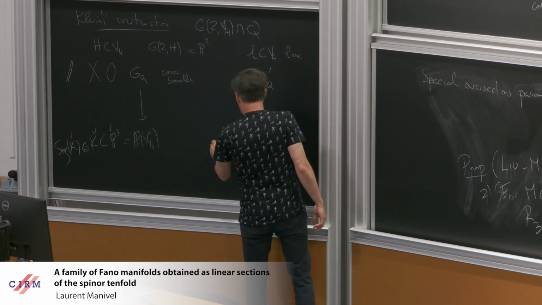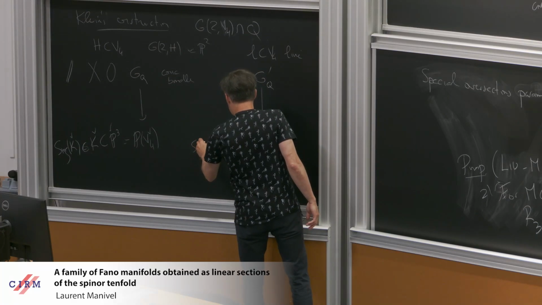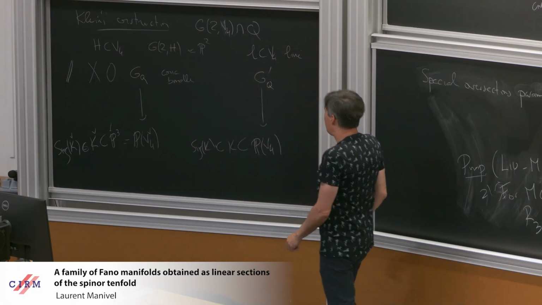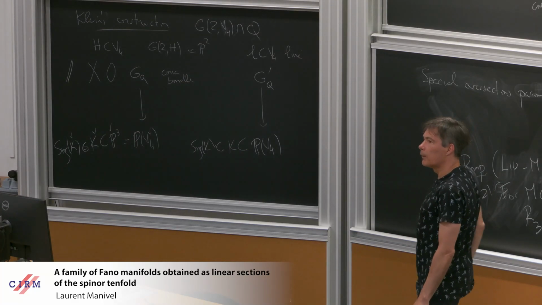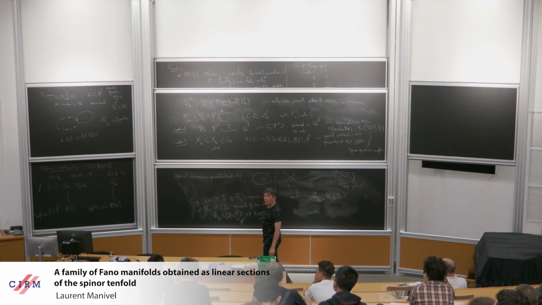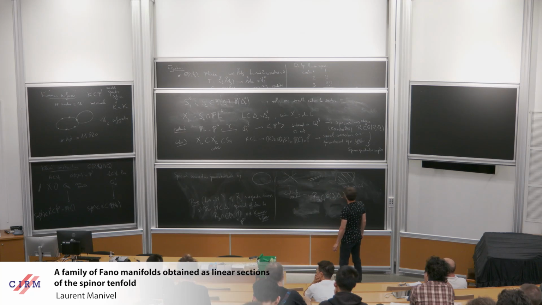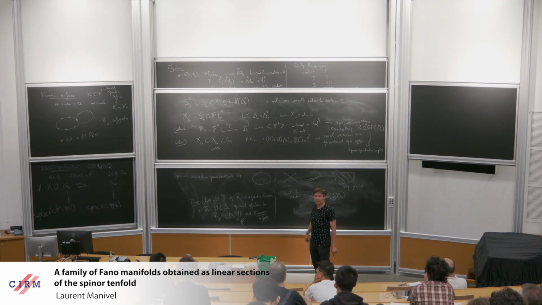And this time you get K and its 16 singular points. Okay. So if you implement this Klein's construction in the setting of the spinor quadratic complex by restriction, you get exactly this property.